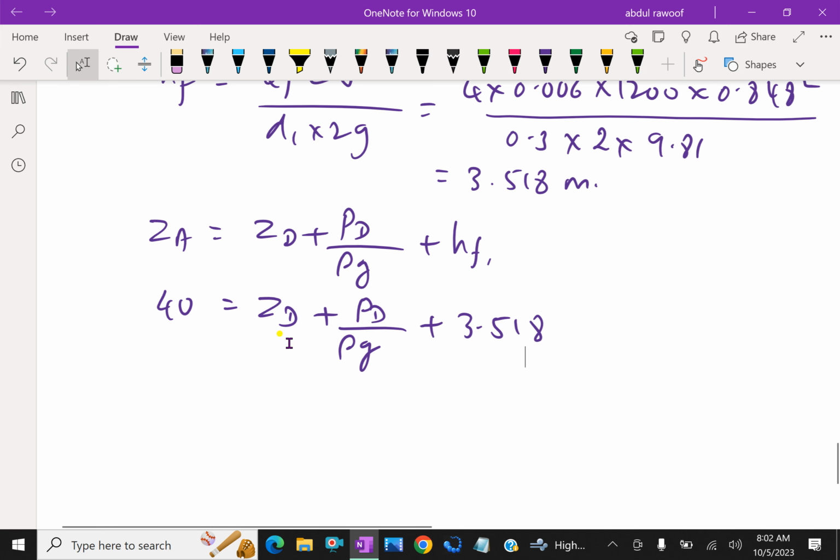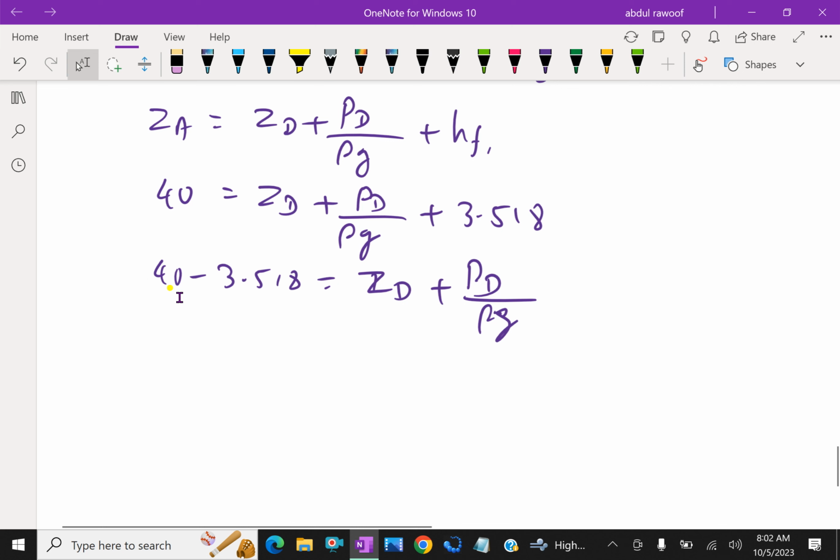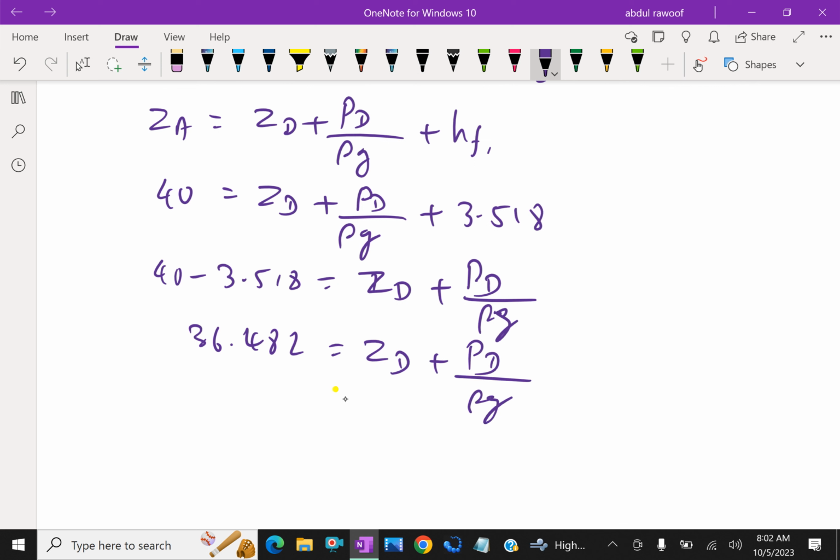Therefore, from this side 40 minus 3.518 equals ZD plus PD over rho g. Then 40 minus 3.518 is 36.482, equal to ZD plus PD over rho g.